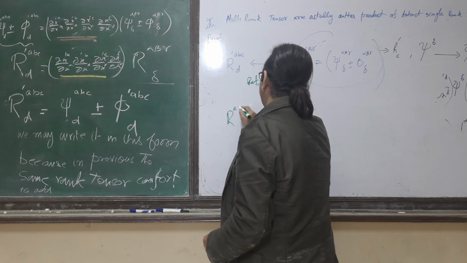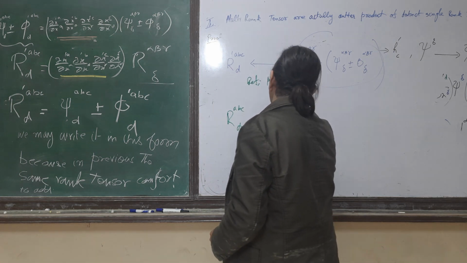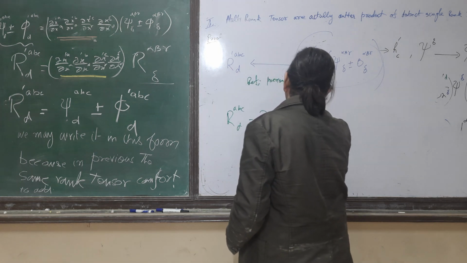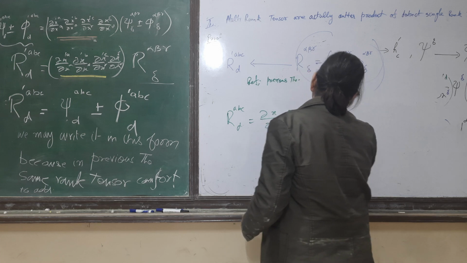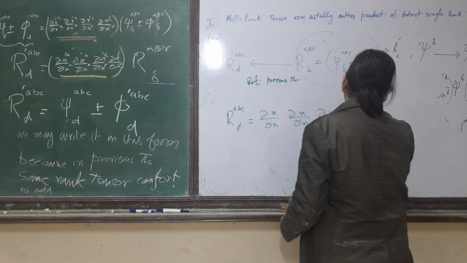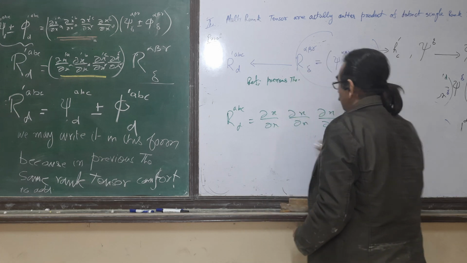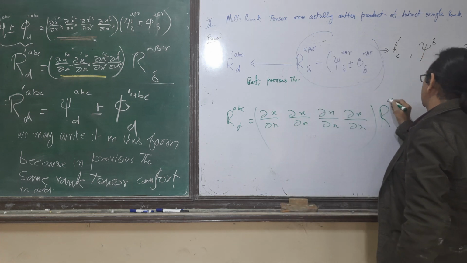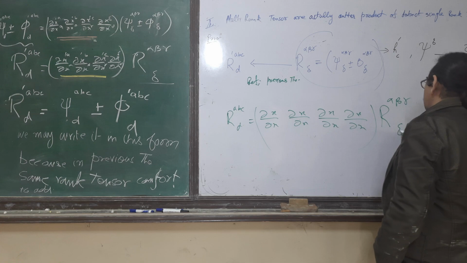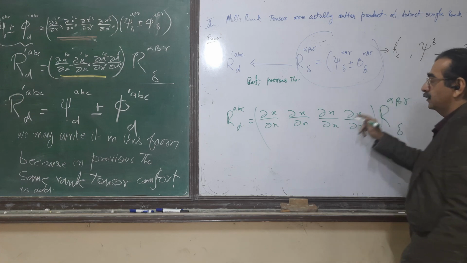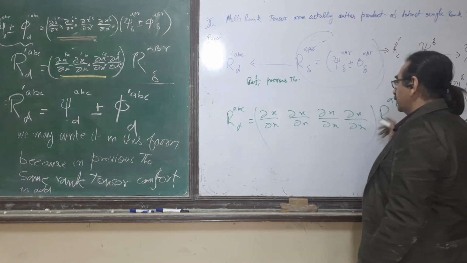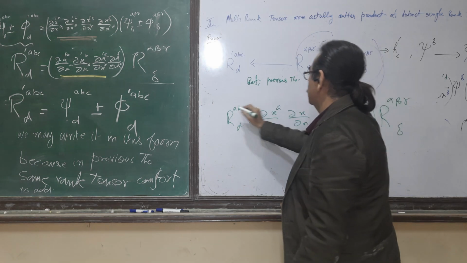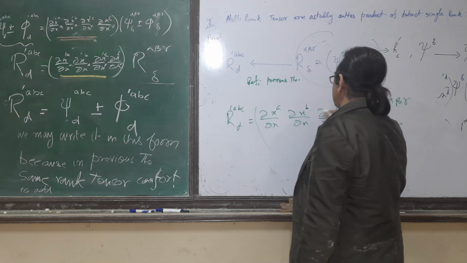So you may write A, B, C, and D. Yes, this was converting. According to this, A, and this was prime, A, B, C.